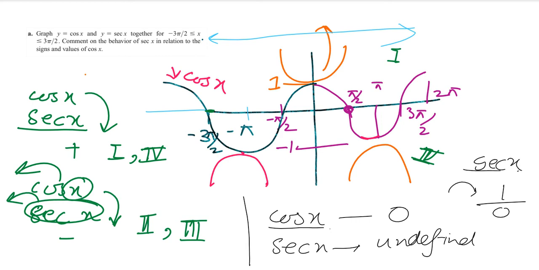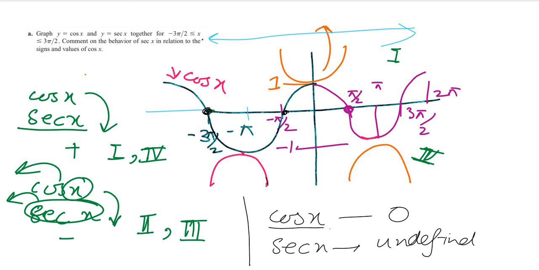So we'll get the undefined value when our cos x is negative. Okay, so we learn one thing more over here, and what's that?